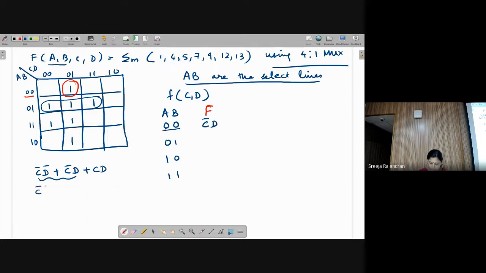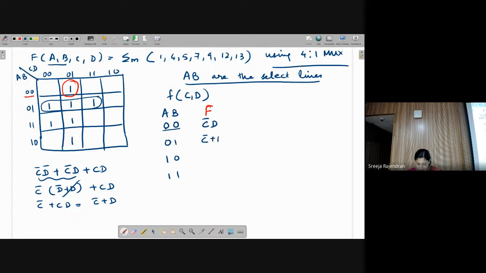I can write C bar (D bar plus D) plus CD. So this becomes 1. So now C bar plus CD, what is that? C bar plus D by absorption law, right? So this is what I have to write here. Got it? I simplified it.